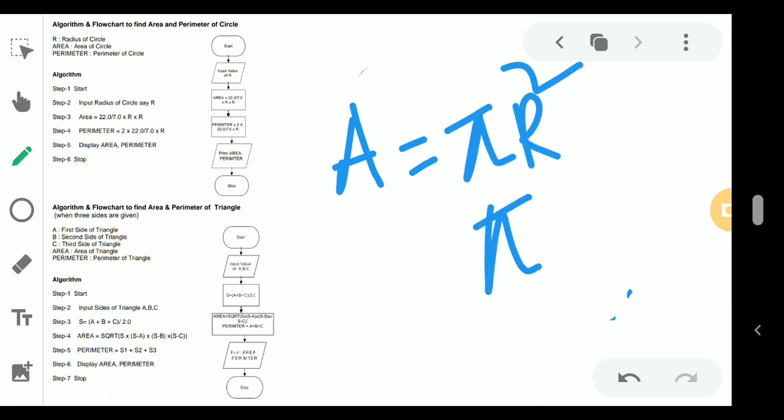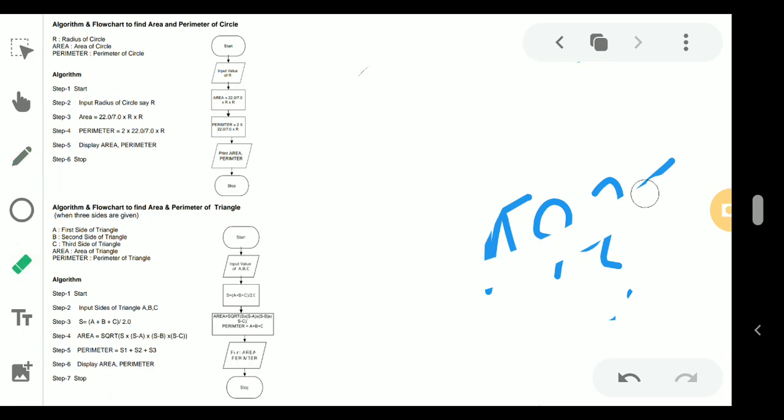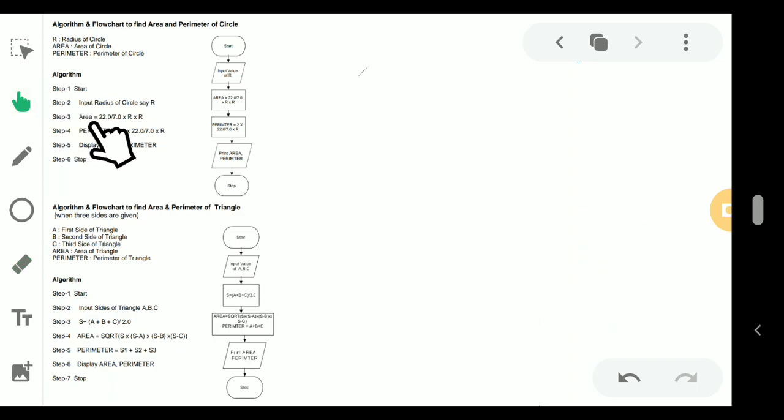Here it is declared as an area variable instead of a. So area equals 22 by 7 into r multiplied 2 times, instead of r square.